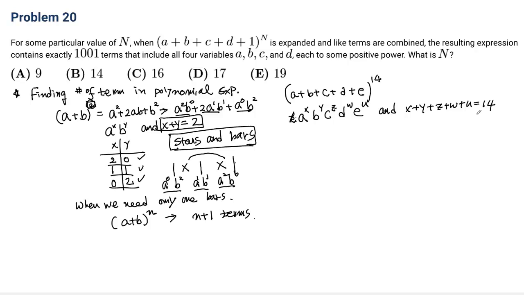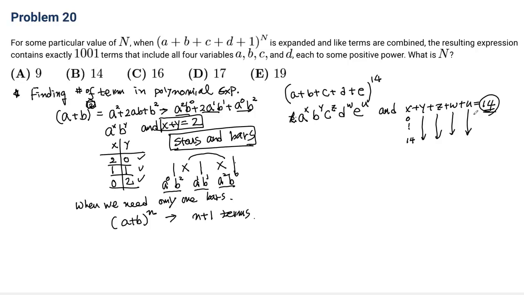We distribute this number 14 into x, y, z, w, u. They're all allowed to be 0, anywhere from 0 to 14, but the sum of all numbers should equal 14. They can't all be 14, because then the sum is not 14.